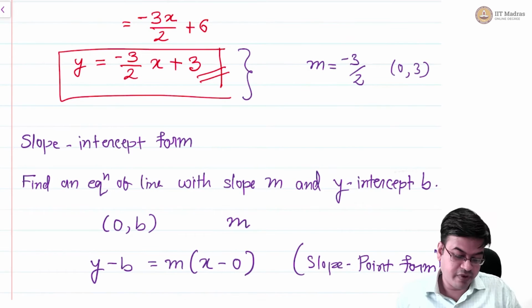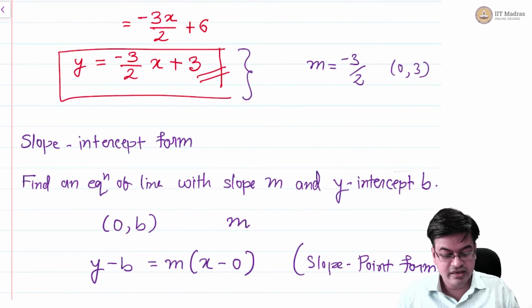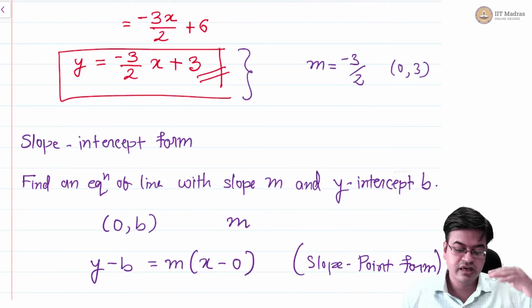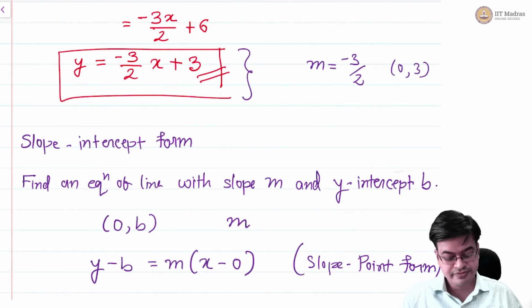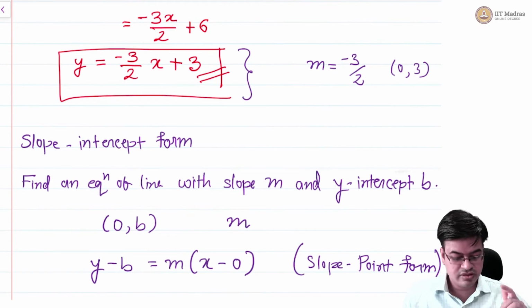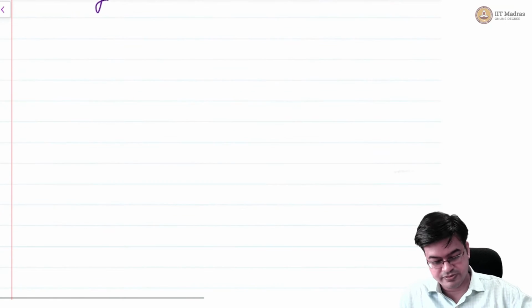So this line passes through 0 comma 3 and the slope is minus 3 by 2. Sorry, basically the intercept is 3 and the slope is minus 3 by 2. So you can solve many examples using this in order to gain some confidence in solving the problems.